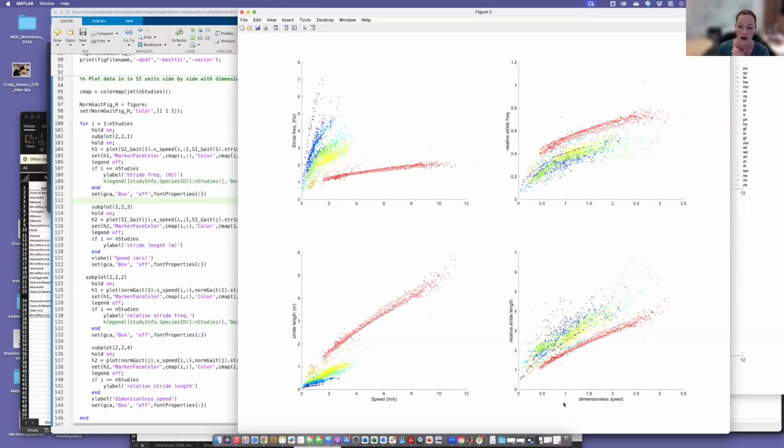Relative stride length ranges from a little bit under 1 up to around 6, whereas in absolute stride length in meters, the range was 0 to 6. So that scaling's pretty similar, I guess.